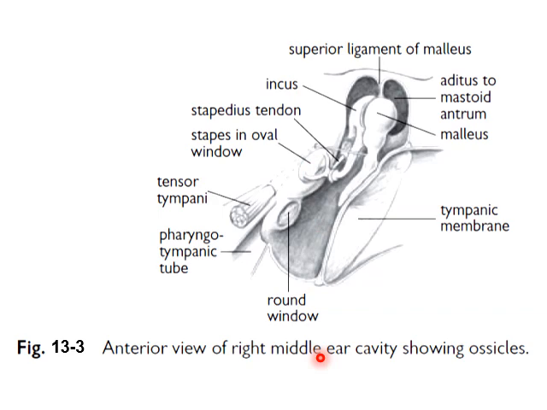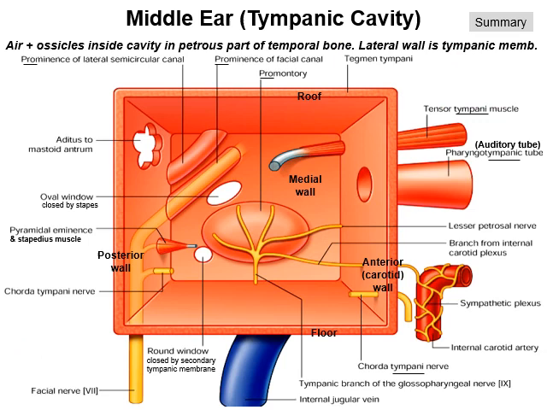In the next slide, we are going to summarize everything and see the relations of the nerves to the middle ear. This is a summary of everything we have mentioned in regards to the middle ear.